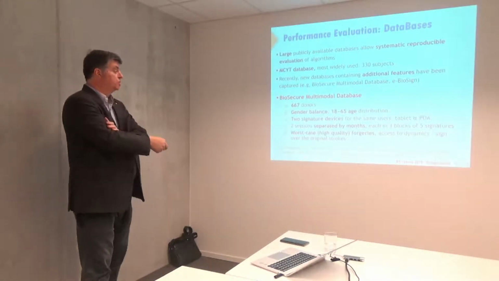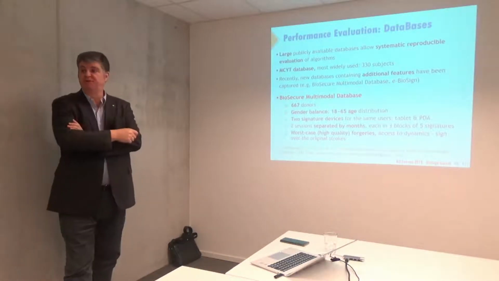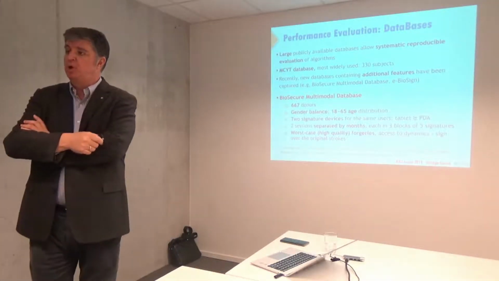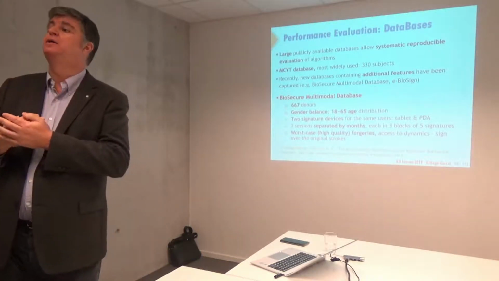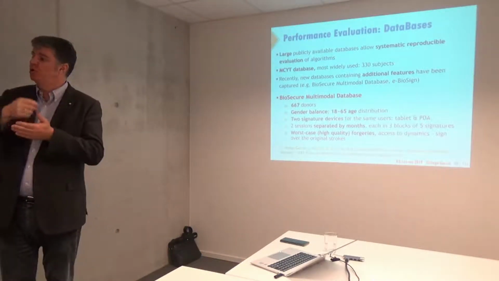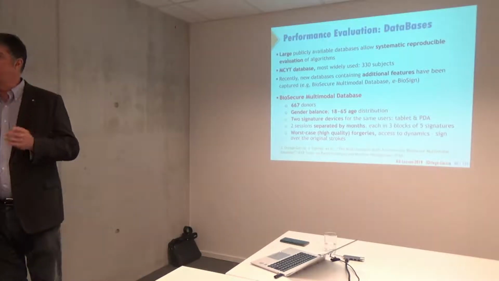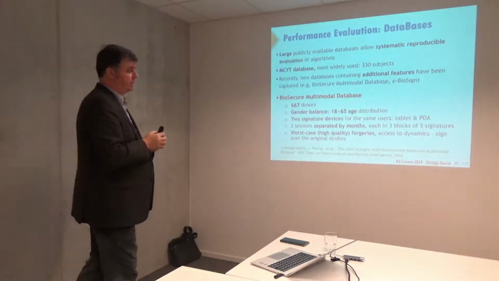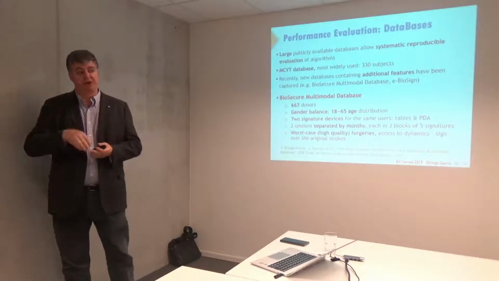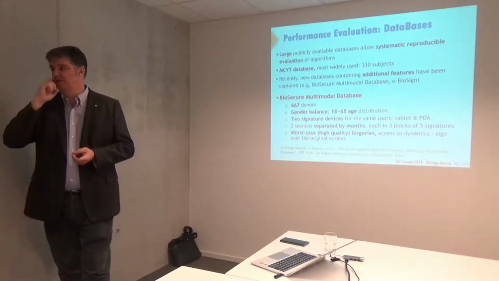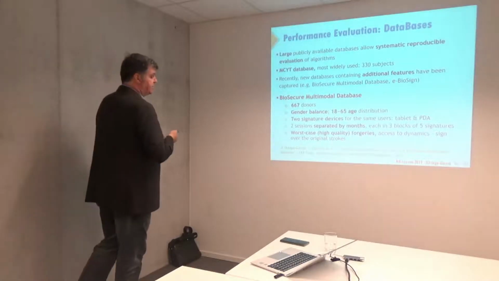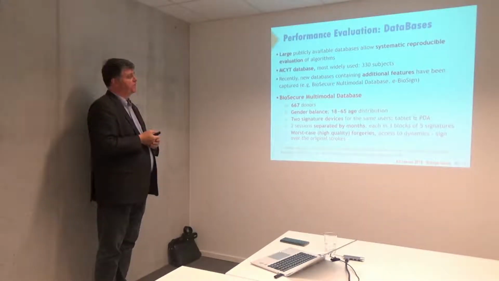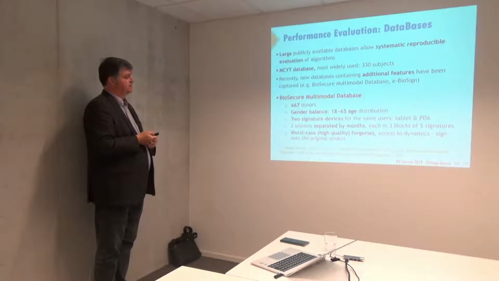And we have the worst case, high quality forgeries because people could sign on the screen while the genuine signature was shown in a dynamic manner, and you could sign over that. So that is the worst case scenario. So we are using this kind of data sets.